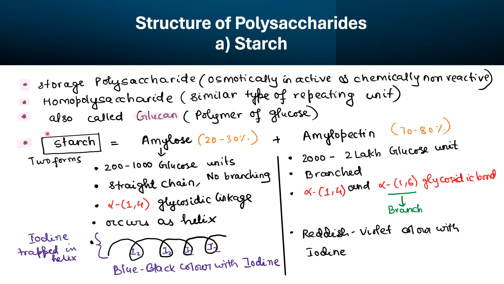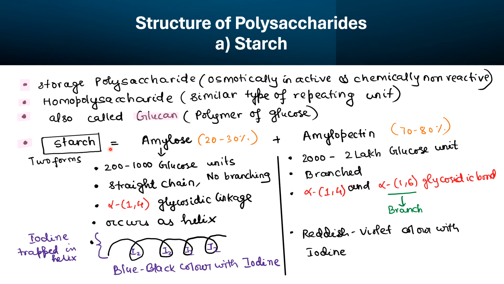Next, let's look into the structure of starch. Now, starch is made up of glucose units, but it can exist in two forms, amylose and amylopectin. In case of plants, about 20 to 30% of starch is made up of amylose, while 70 to 80% of it is made up of amylopectin.